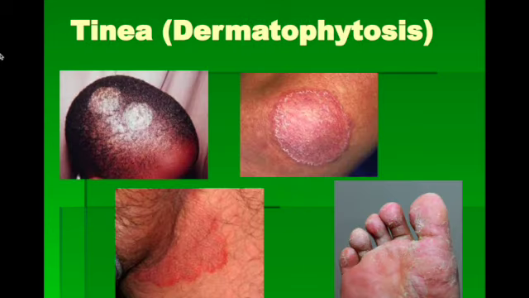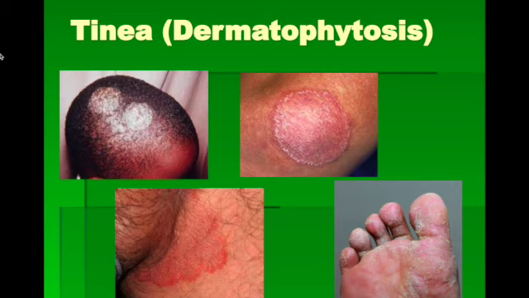And these are some pictures here of, on the top left, capitis, moving to the right, ringworm or corporis, in the bottom left, tinea cruris, and on the bottom right, tinea pedis. So you can see how the morphology will change a bit, and you can see how, in the cruris, for example, there's that erythematous, well-defined edge on the groin there.